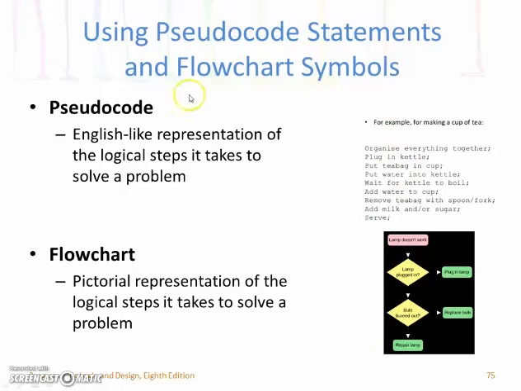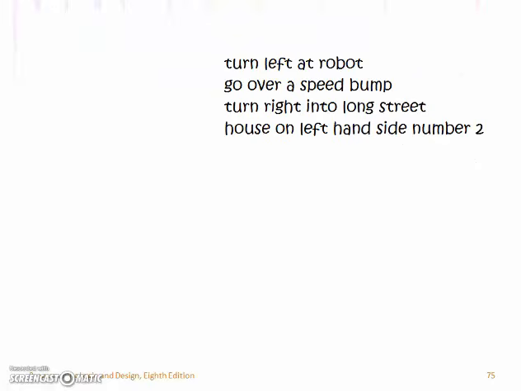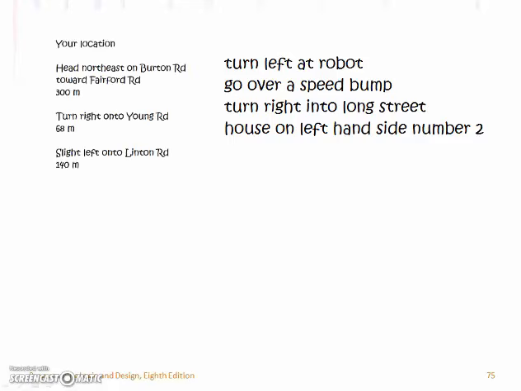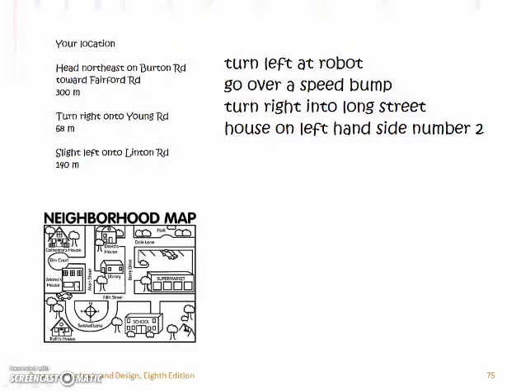Now, I'd like you to think of pseudocode and flowcharts as a map. When you give a friend directions to your house, the friend will either write down the directions. You turn left at this road, you turn right at this road, and on your right-hand side will be my house with the number 2 or 3 or whatever it is. Or you will draw the map, literally draw it.